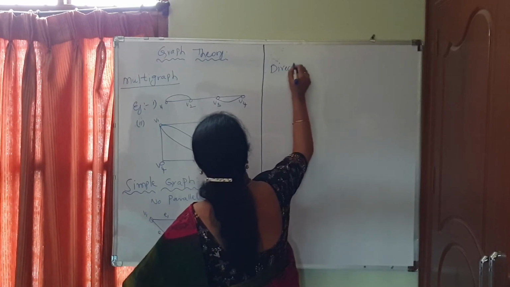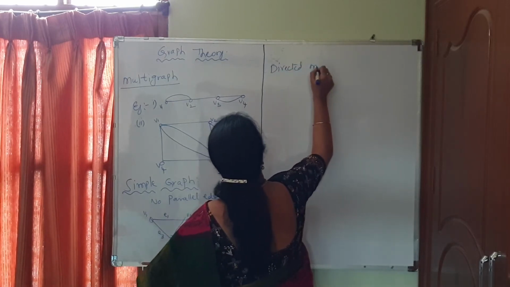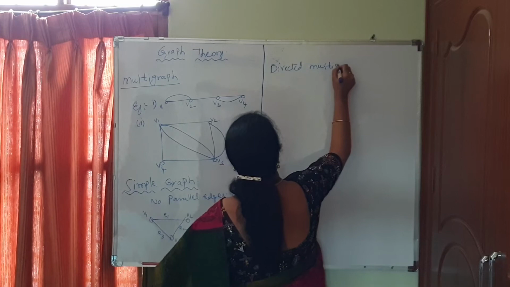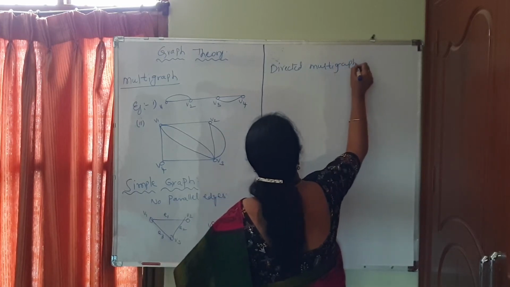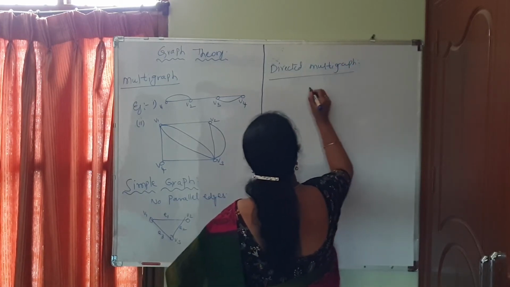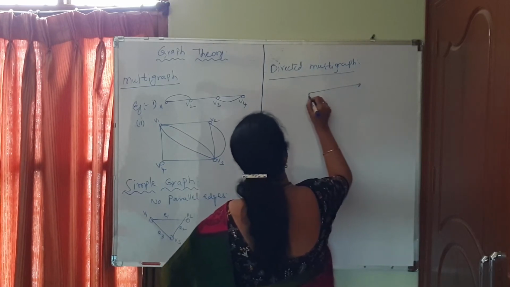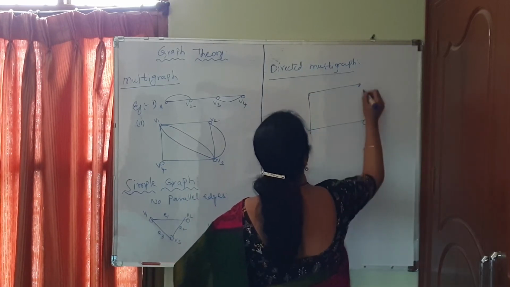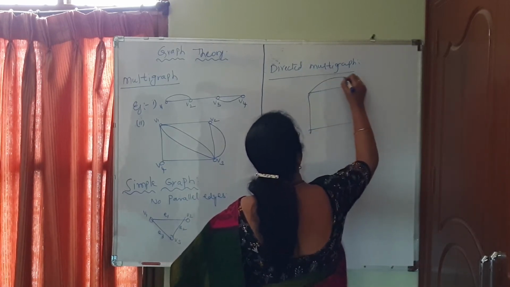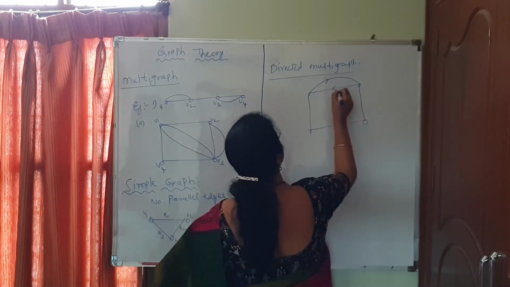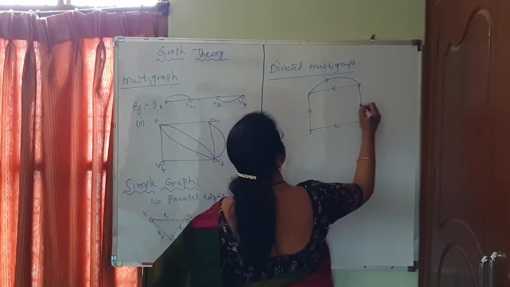Directed multigraph. That means a graph in which each edge is represented with a direction and it is having some parallel edges.